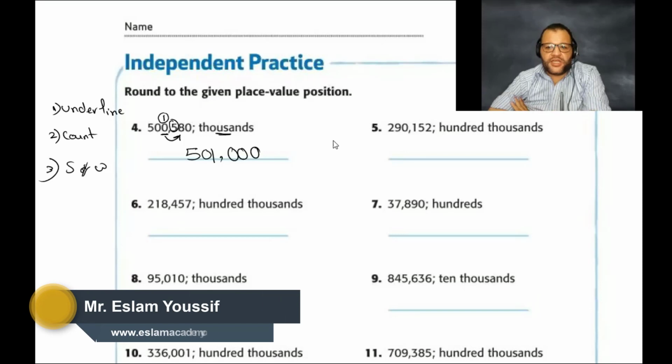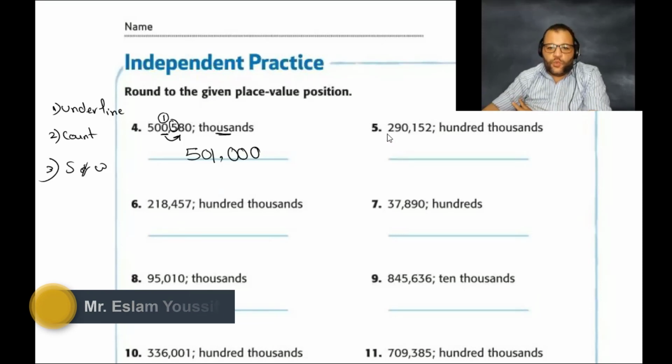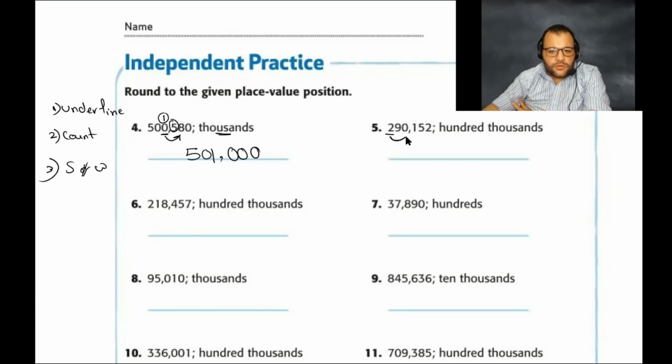Which number is in the 100,000s place? 2. Underline 2. Then we look to the right. The first step is to underline the digit. Count how many digits are at the right. 5 digits. Then we replace them with zeros: 1, 2, 3, 4, 5.